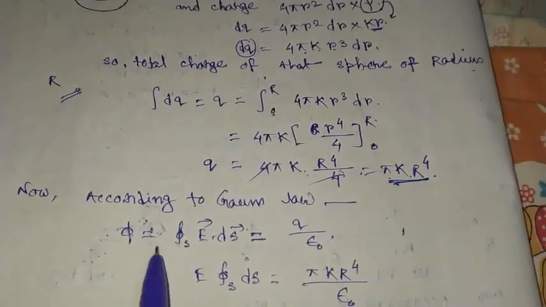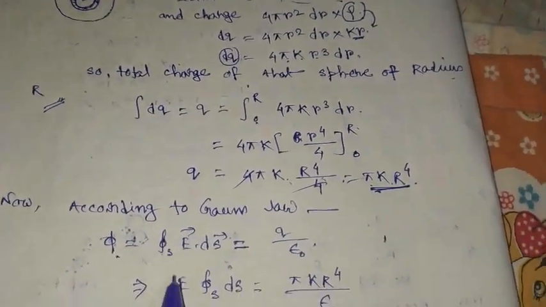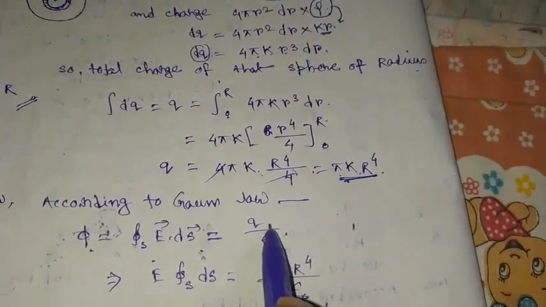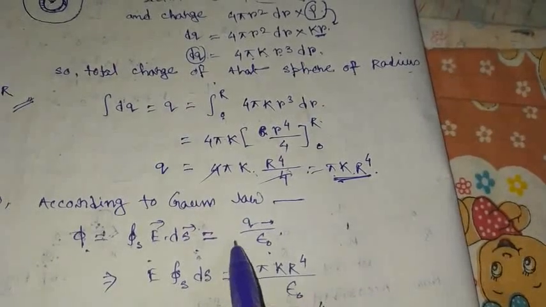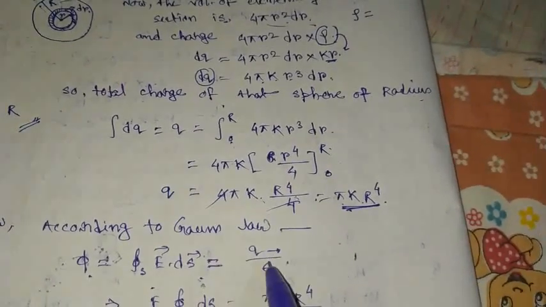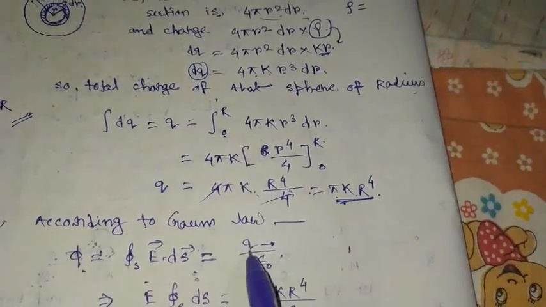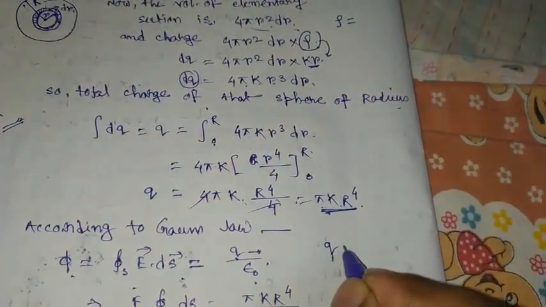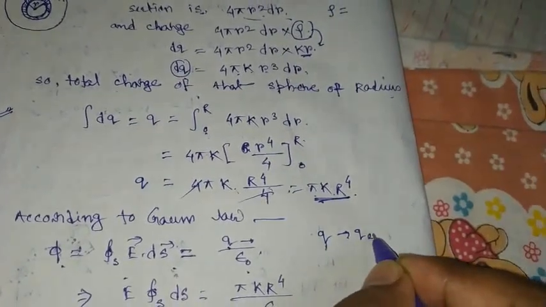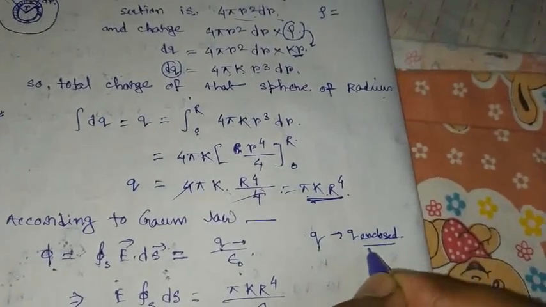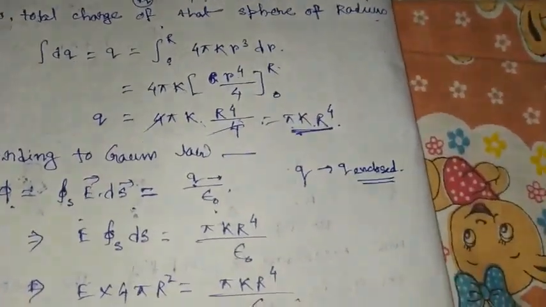Now according to Gauss law, phi is the closed surface integral of E dot ds equals q by epsilon naught, where q is the total charge inside any closed surface, that is, the charge enclosed by the closed surface.